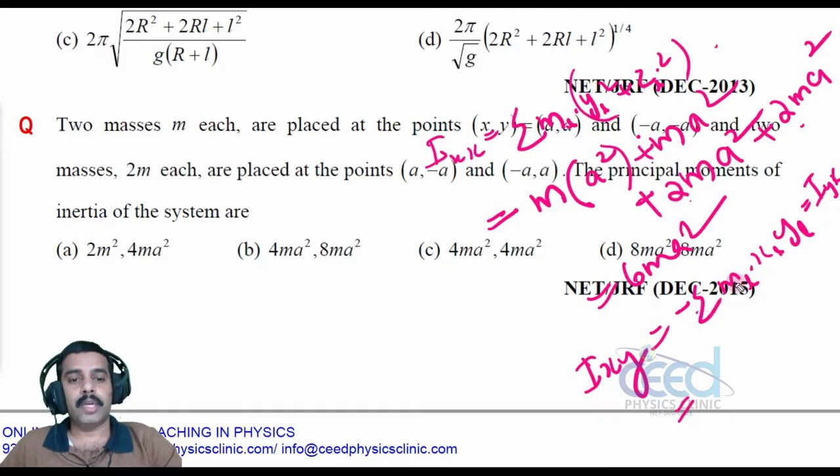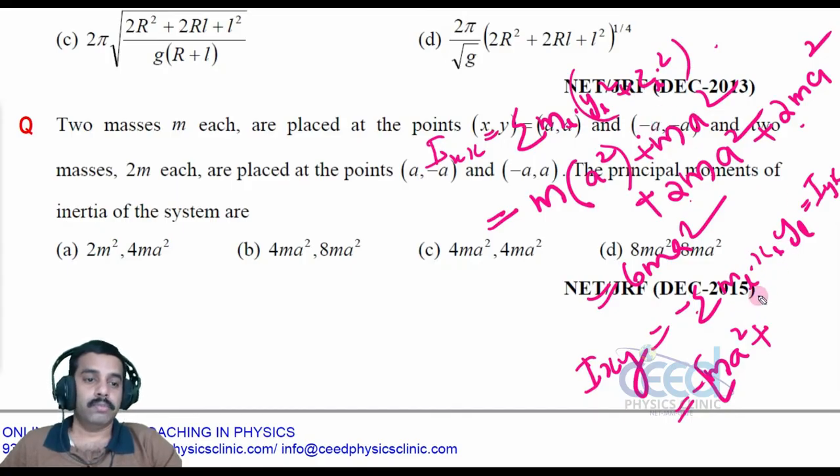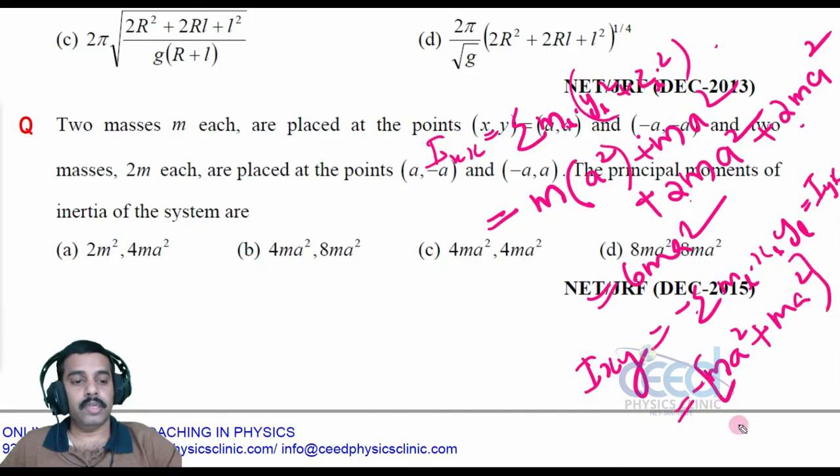So that is minus mi into xiyi. For the first, a into a, that is a square, plus for the second coordinate, minus a into minus a, that is again ma square, and for the 2m mass, 2m into this product, that is minus a square, plus 2m into this product is again minus a square.